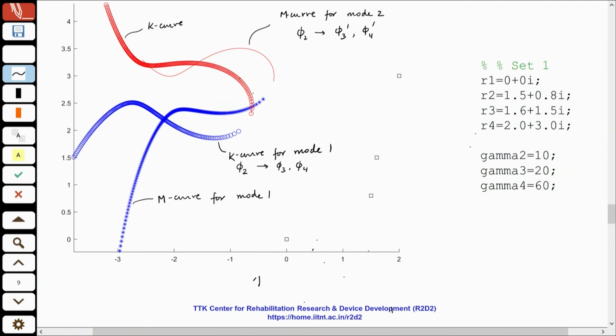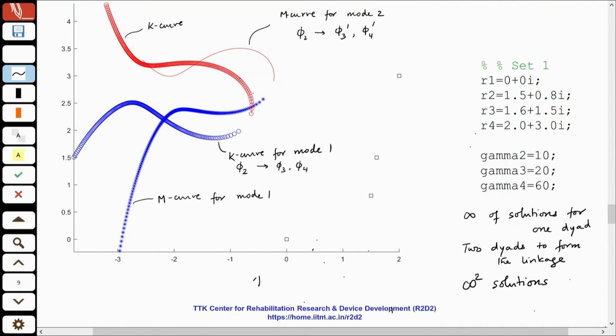So, for the two dyads you would have infinity of solutions for one dyad, and to form the linkage you need two dyads. So, you will have infinity square solutions for the linkage.